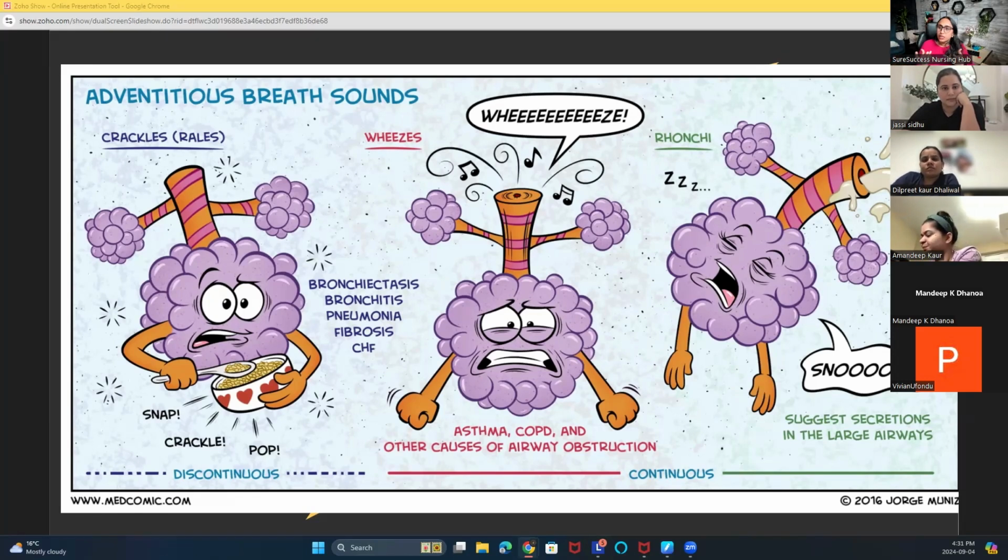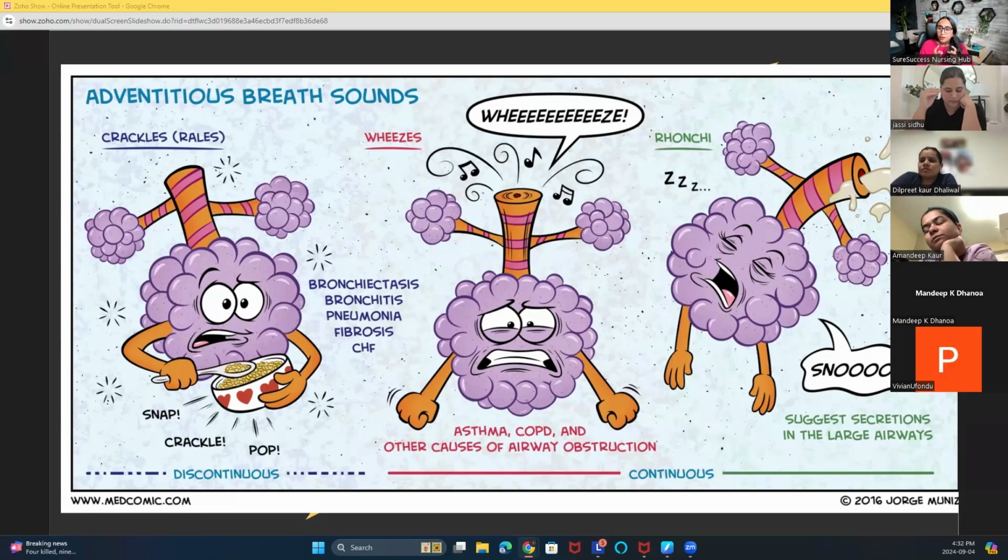Then there is another sound, wheezing. W for wheezing, W for whistling, a whistle sound. Have you seen the flute? How are people using the flute? We block two or three holes and it creates a musical noise.